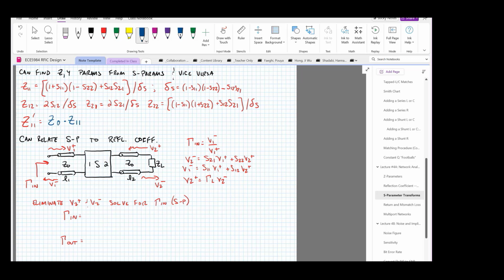If we put all of these equations together for V2 plus and V2 minus and solve for gamma n, you can show that gamma n is equal to S11 plus S12 times S21 times gamma L over 1 minus S22 times gamma L.